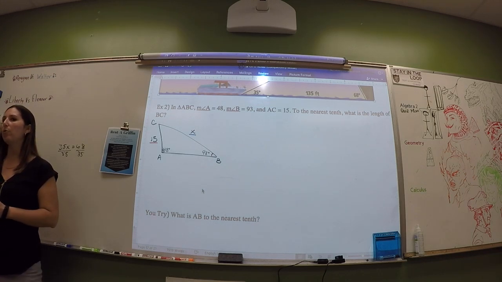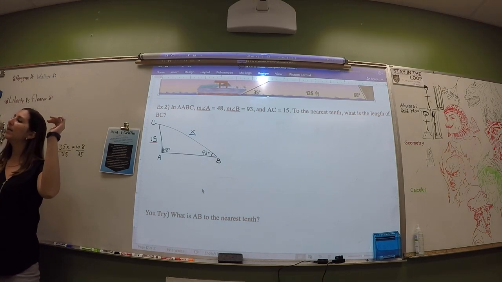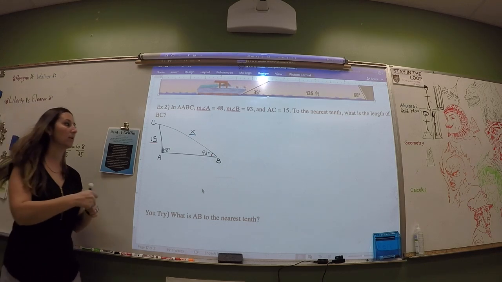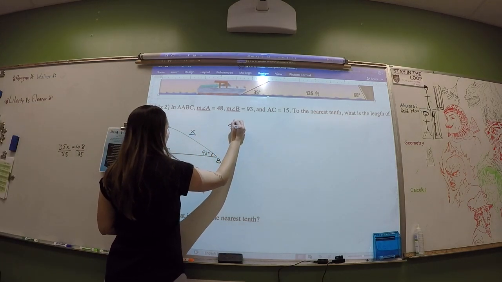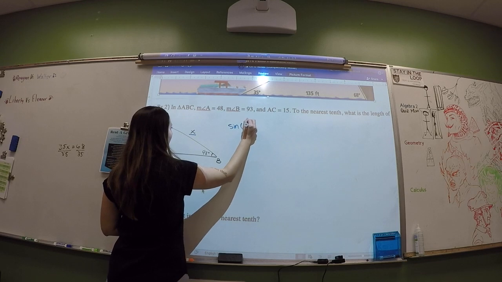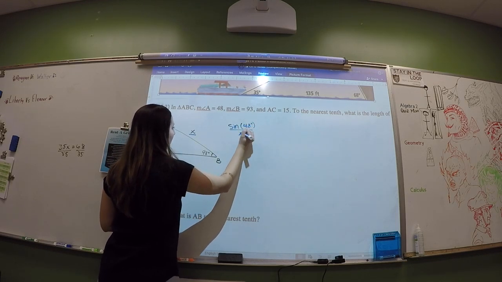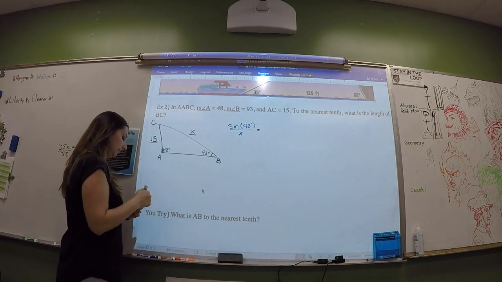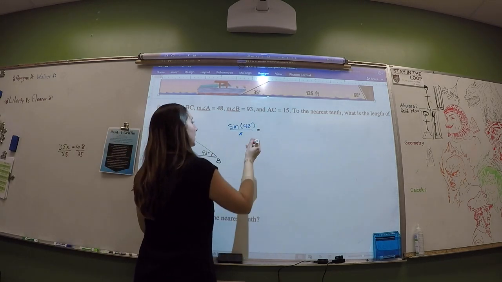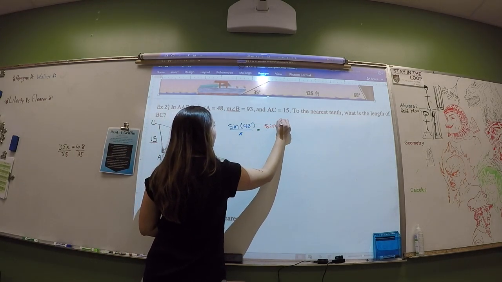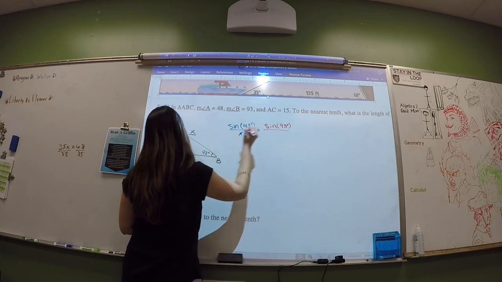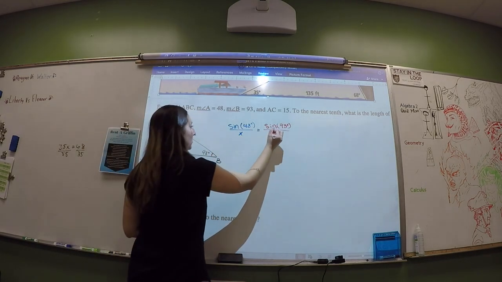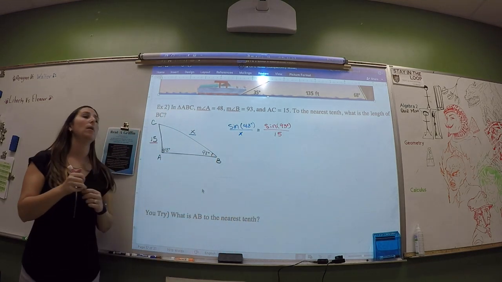So we're going to set up a proportion. Sines on top, sides on the bottom, and then angles go with the sine. So sine of 48 degrees over X equals sine of 93 over 15, because that's what's across from 93.